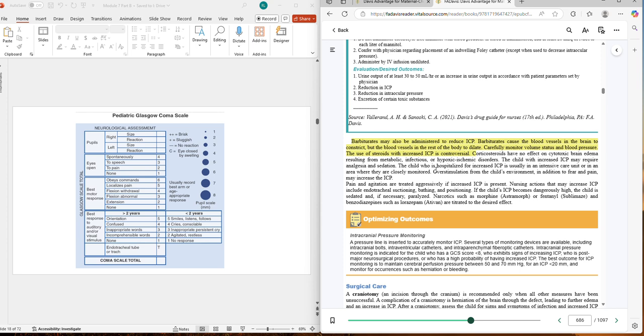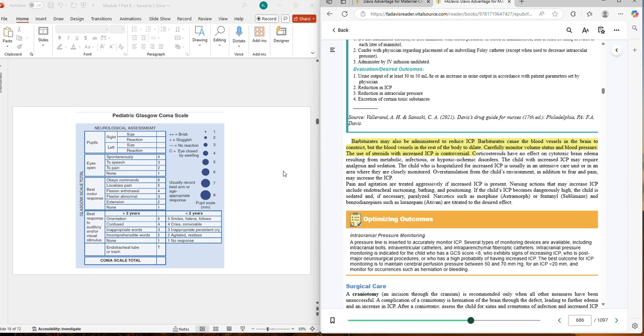So you're carefully monitoring the volume status and blood pressure. Increased blood pressure is bad. That's written in my book. Increased blood pressure is bad when you're given these barbiturates. You do not want to see an increased blood pressure.